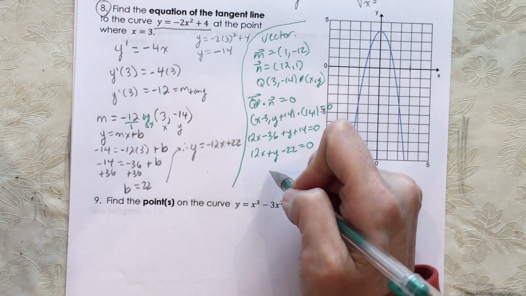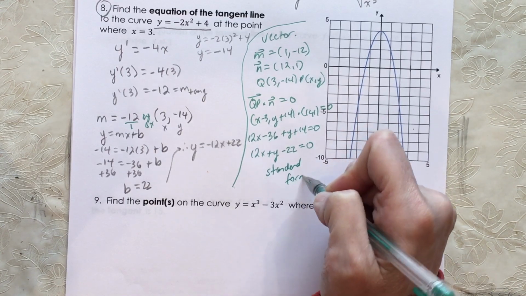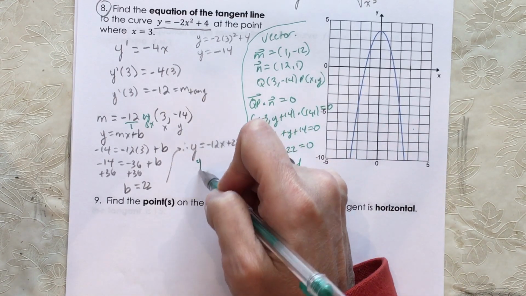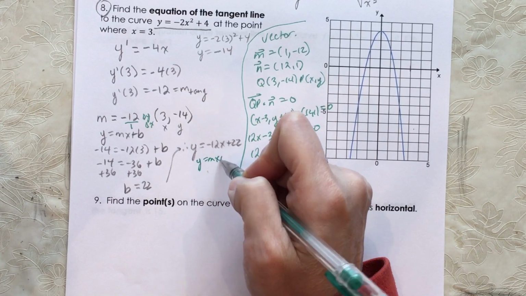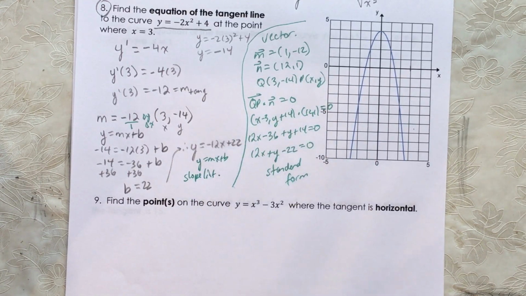So this is standard form or scalar form. And this one is y equals mx plus b or slope-intercept form. Doesn't matter to me which way you put it in, unless they specify in the question from the textbook, which sometimes they do. But on a test, it wouldn't matter to me which form you answered it in.